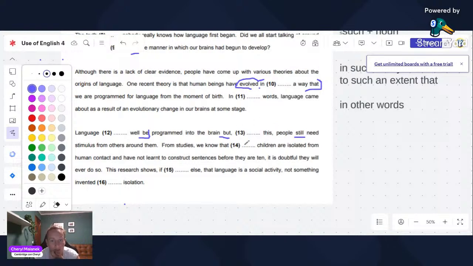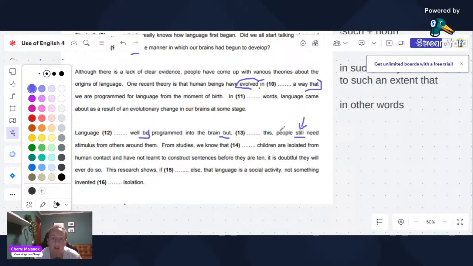So this bit in the middle is wanting to say, but even though this is true, people still need stimulus from others around them. Okay. What word is still usually used with?